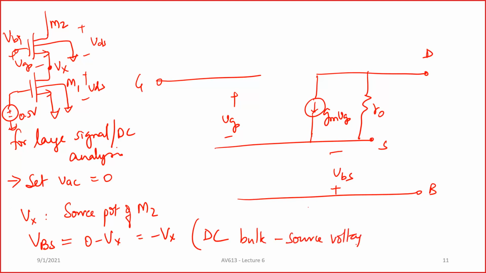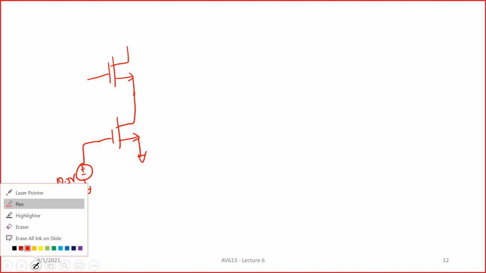Now let us add our AC signal. Maybe let me go to the next slide so that I'll just redraw it. Let me take one very simple example. Let's say this is again at 0.5 volt, and this particular voltage is going to be at 0.3 volt.